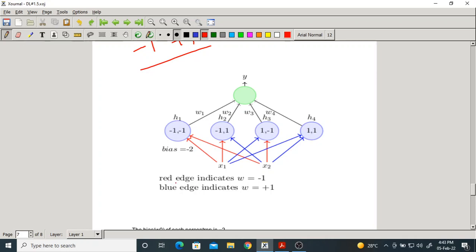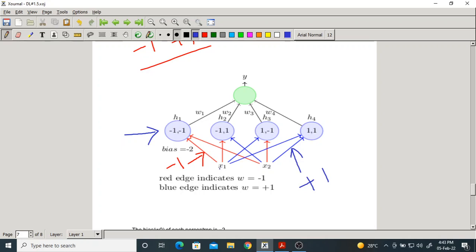Now, what is the red edge? They are called edges. Red edge weight is -1. Blue edge weight is +1. Each and every input is connected to the 4 perceptrons with some weight.